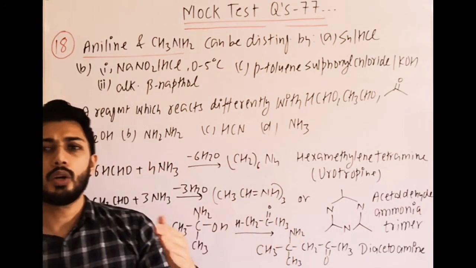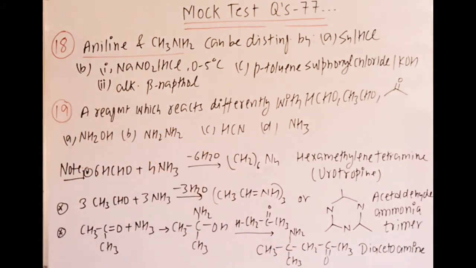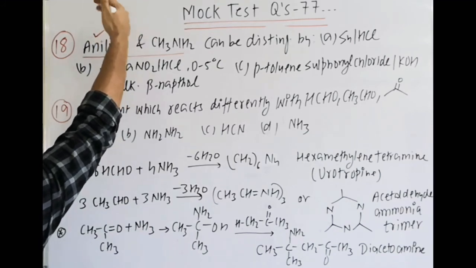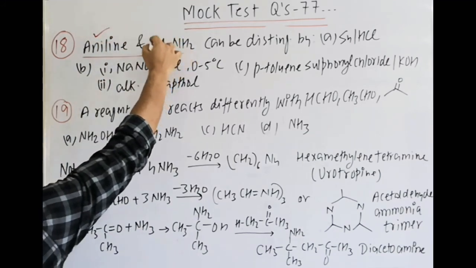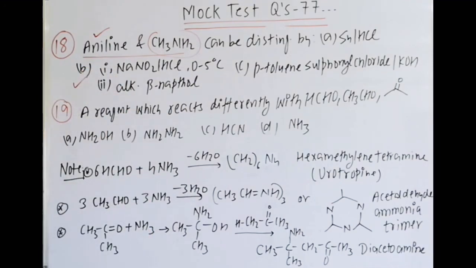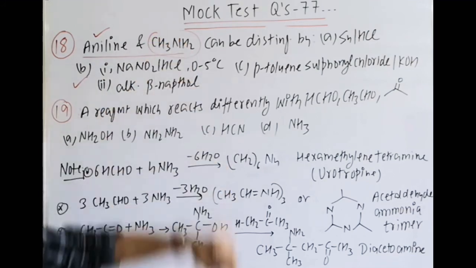I have explained the beta-naphthol test in one of the mock tests. Therefore it will give a colorful dye, red or red-orange dye. The aliphatic amine will not give any such test. So we can use the beta-naphthol test to distinguish primary aromatic amine from aliphatic amine.